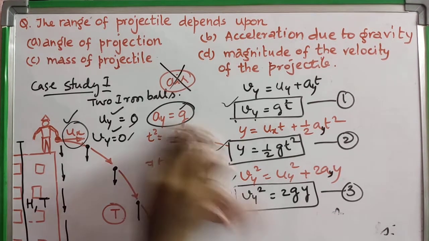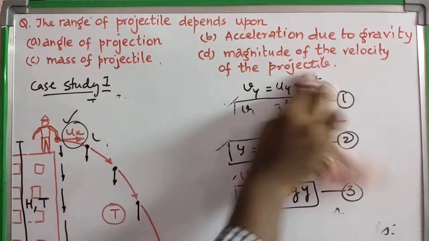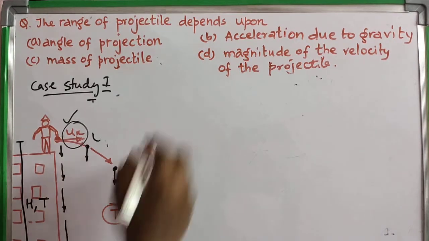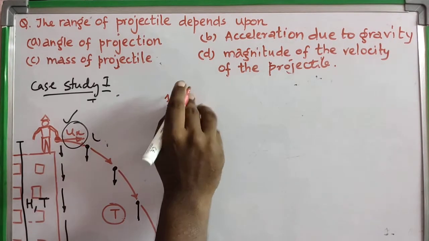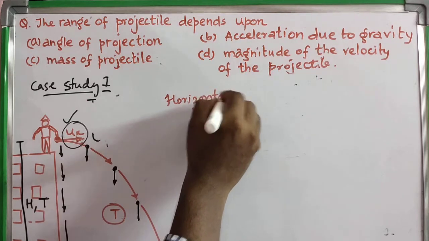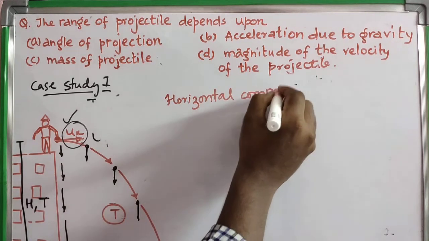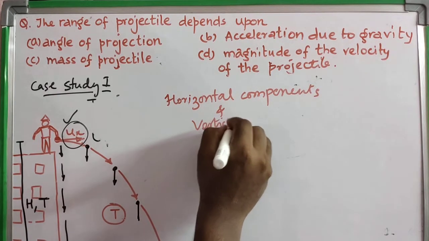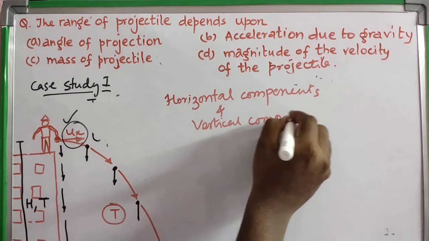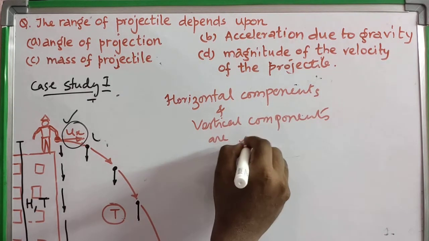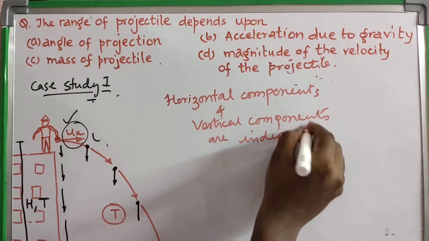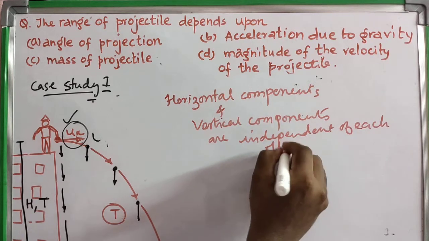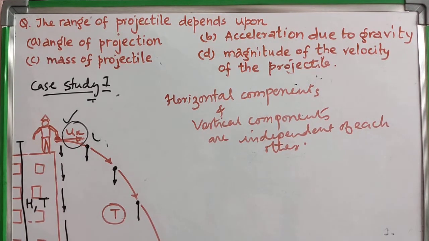You can say that horizontal components and vertical components are independent of each other, or you can consider this two-dimensional motion.